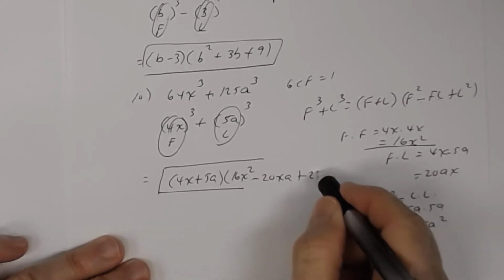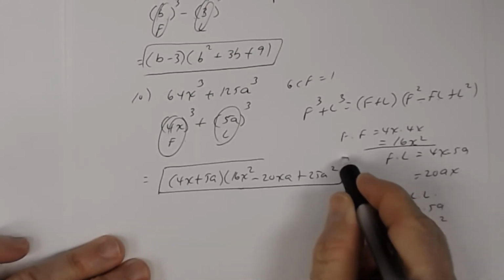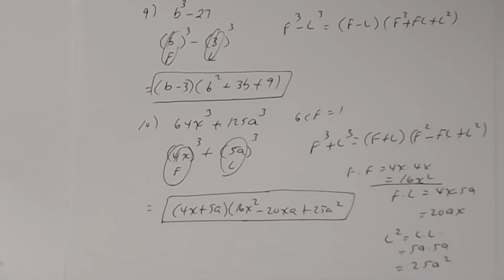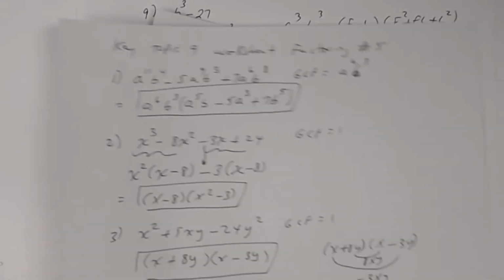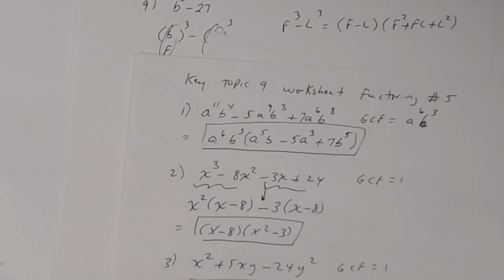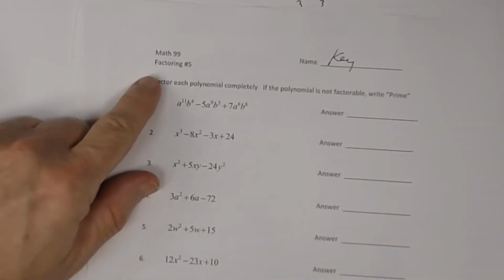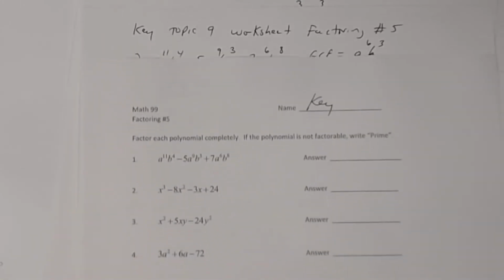So that goes here. And so there's your answer. That is number 10. So that is the key to the worksheet on number 5, work factory number 5, and that was topic 9.